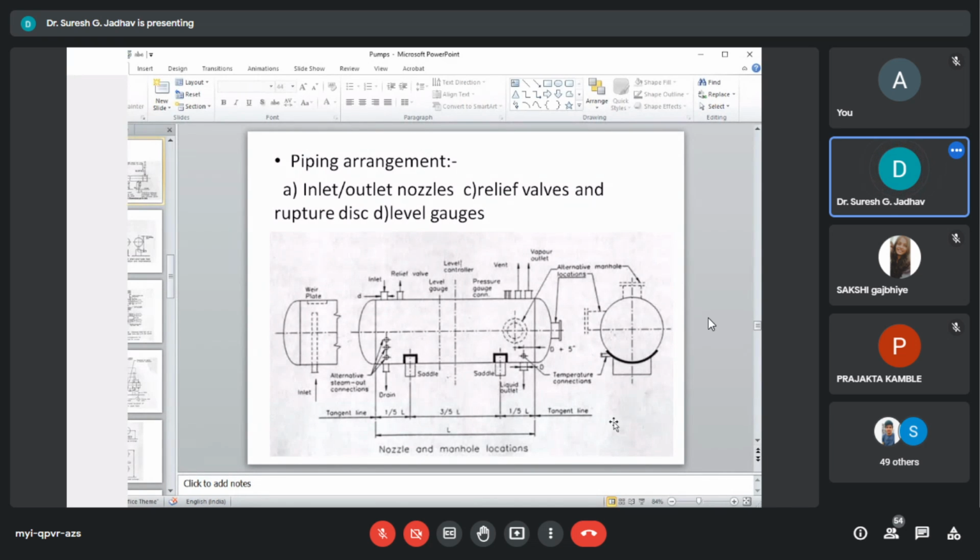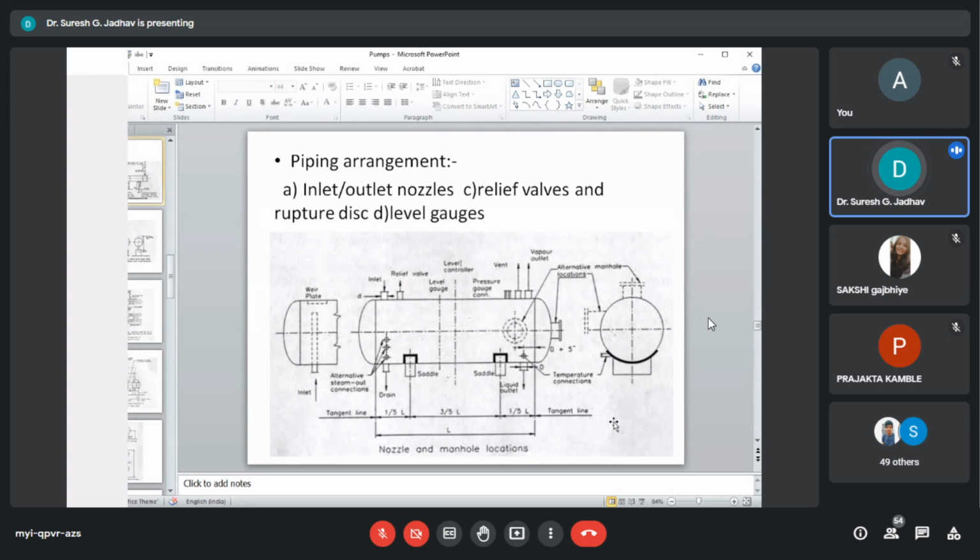The verticals can be supported on the skirt, on half skirts, on legs, or on the lugs as the case may be. The analysis of the support attached shall be done accordingly.